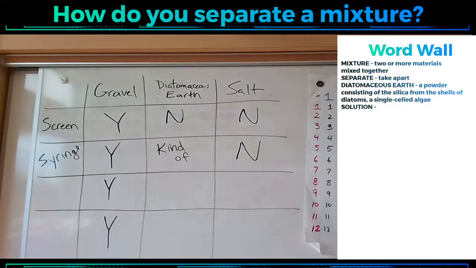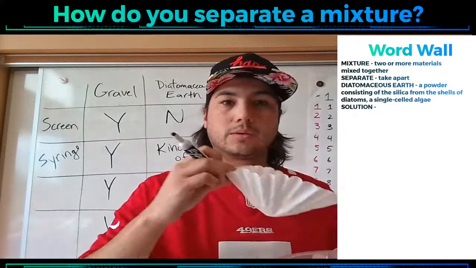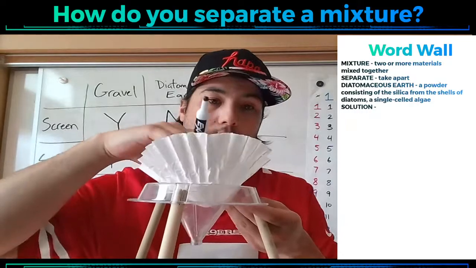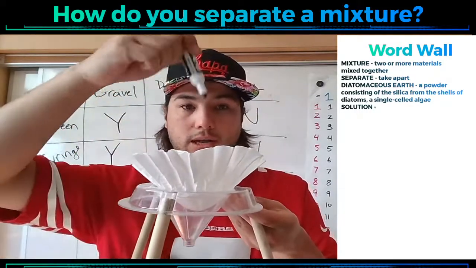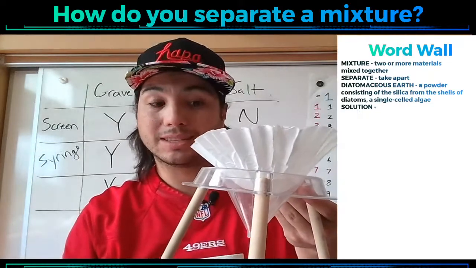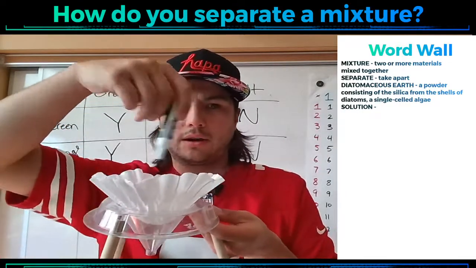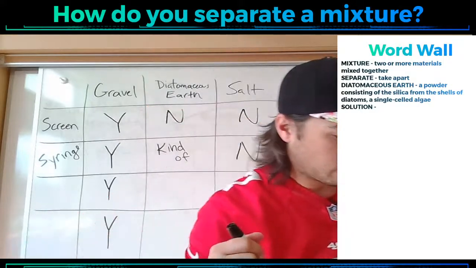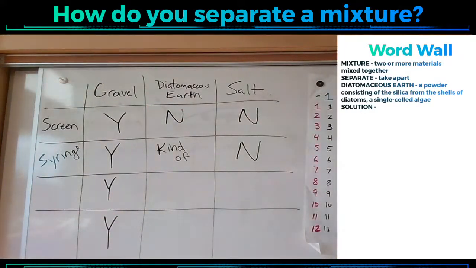The first one is, and you might have seen this if your parents are coffee drinkers, a coffee filter. We're going to pour our mixture into the coffee filter, and we're going to let it filter out the bottom and see if just the water comes out and our solid is left in the filter. The other one we're going to try is a cloth filter.